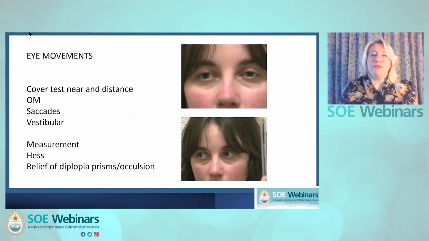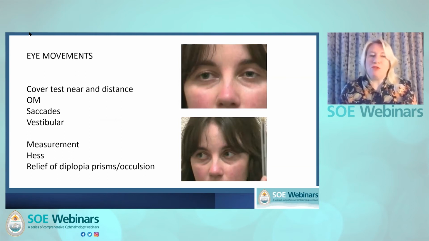And very carefully examining ocular movements, including fast eye movements, saccades, and vestibular function if we think there's a supranuclear squint present. The other part of my job at this point is to carefully measure the eye movements, and this can be done with prisms or a Hess chart, and then making the patient comfortable.